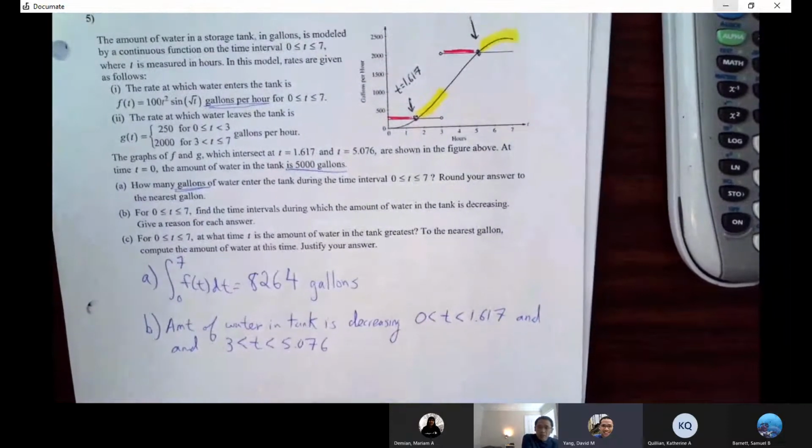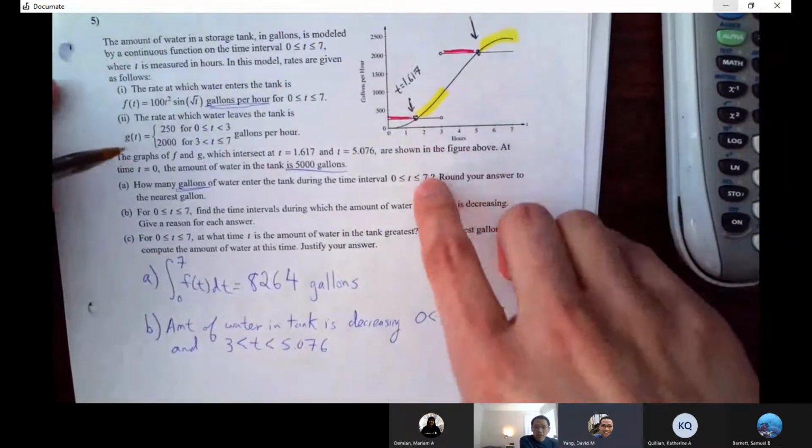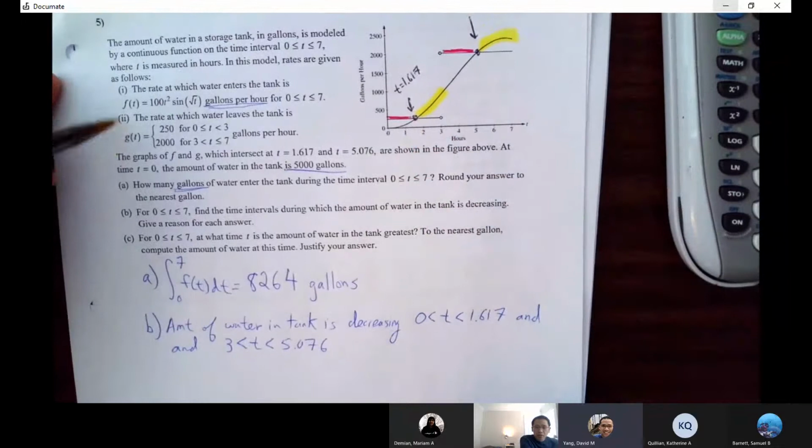And the reasoning is simply because our G of t is greater than F of t, right? The amount of water leaving is more than the amount of water being let in per hour.